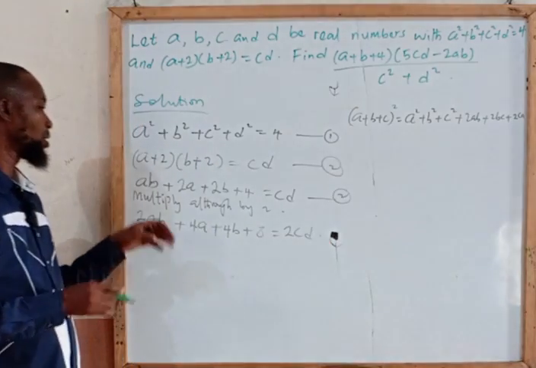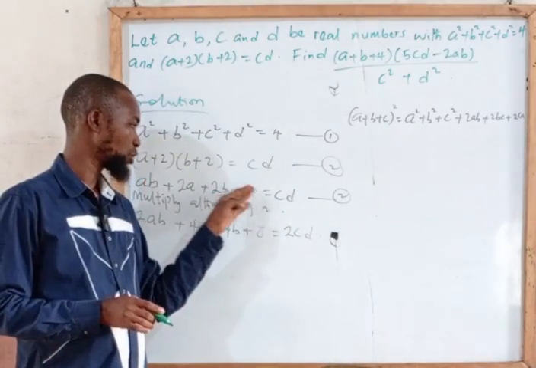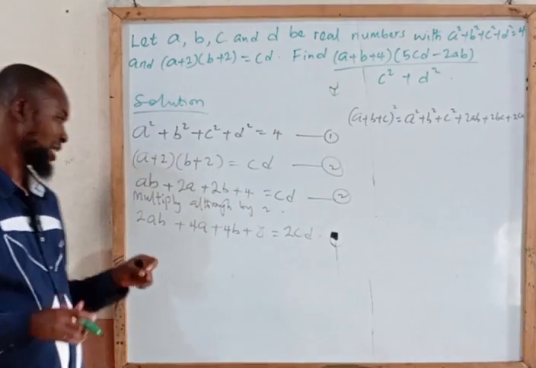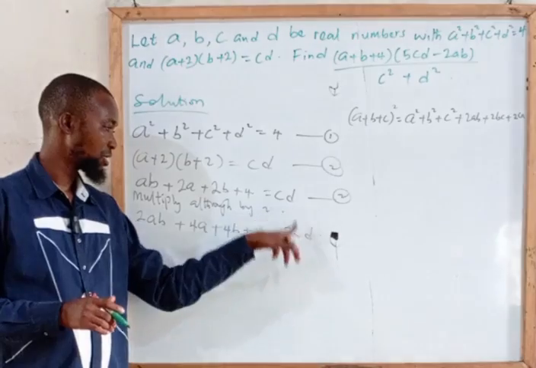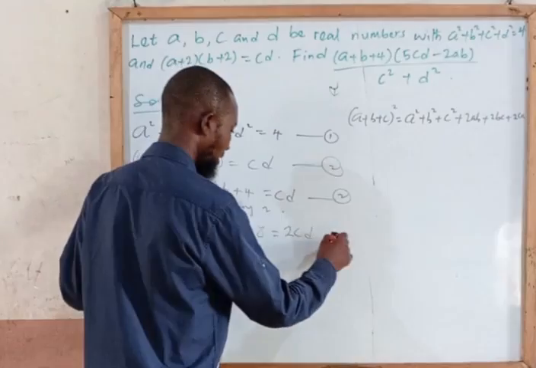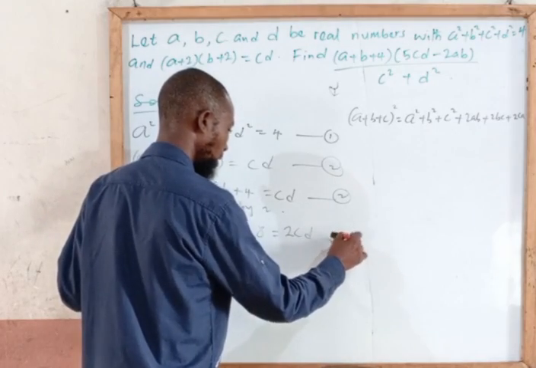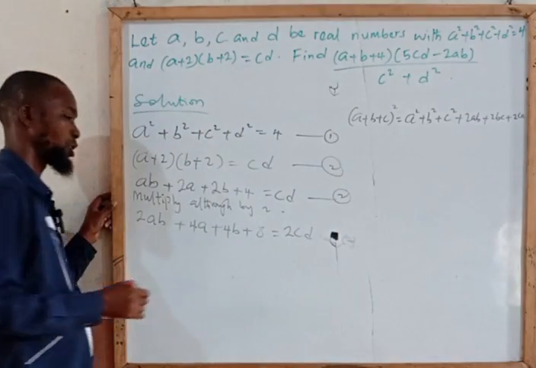Remember, whatever affects the left side of the equation will also happen on the right-hand side, so CD must be multiplied by 2. This is the latest version of our equation 2. Let me still call it equation 2.